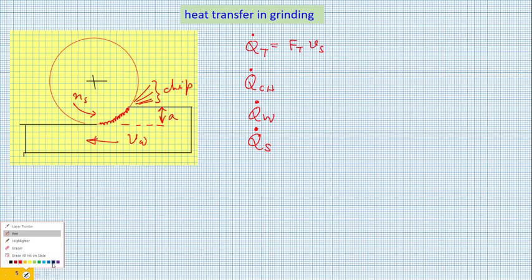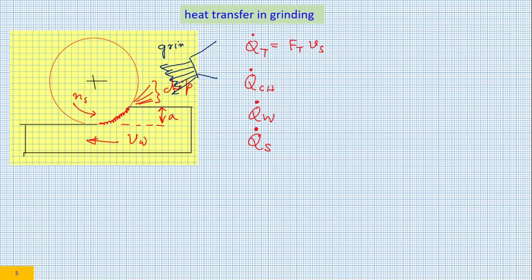Already we have mentioned in the previous lecture that in grinding you would be applying grinding fluid or coolant or lubricant, whatever you call it. So this is your grinding fluid application. A grinding fluid would be applied to provide cooling and lubrication action. So some amount of heat would also enter it.